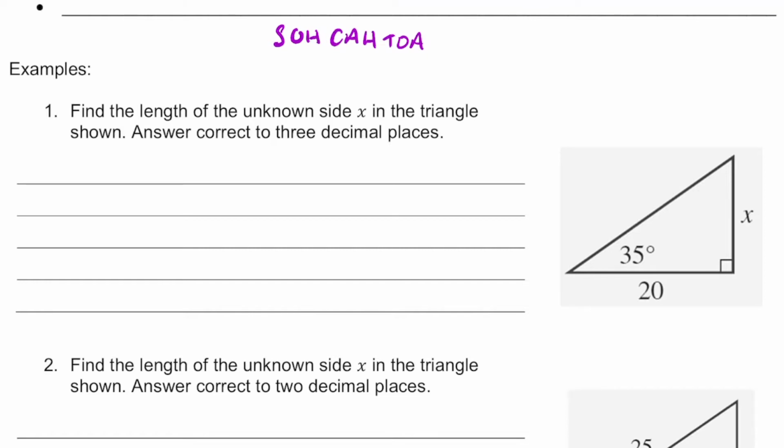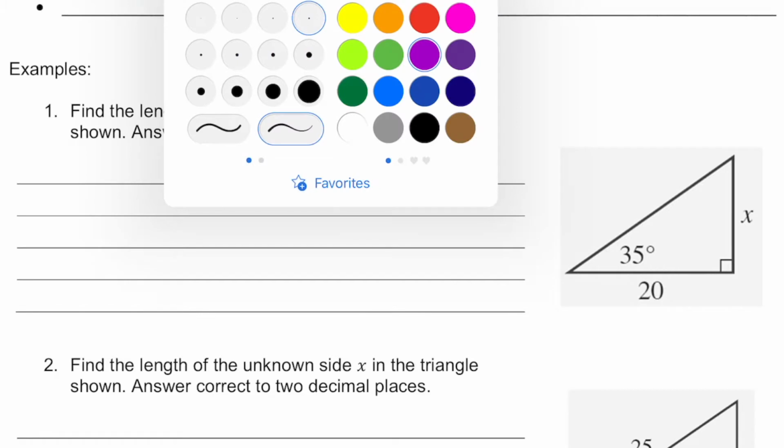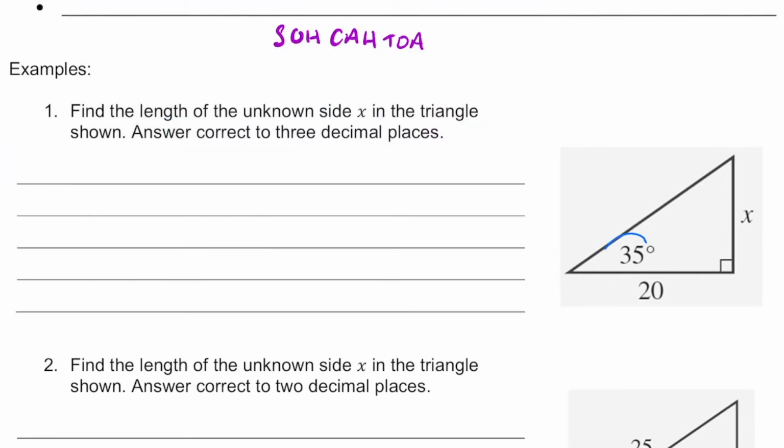Okay, so if you remember back to some of the other bits and pieces, we always start with naming sides. So what we're going to do is look at this first example and name all the sides. So here we are. I'm just going to change my pen color. There's our angle that we're using.